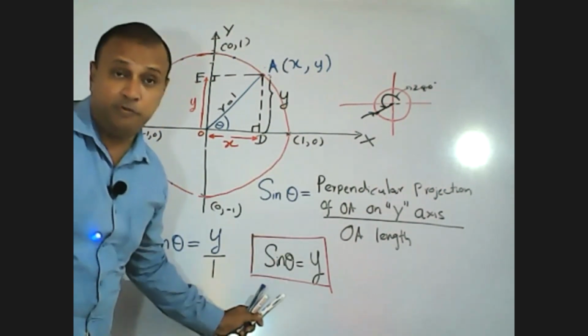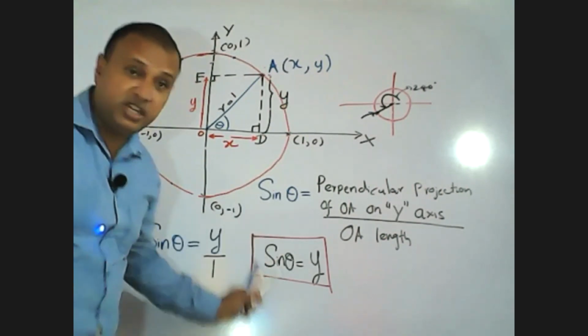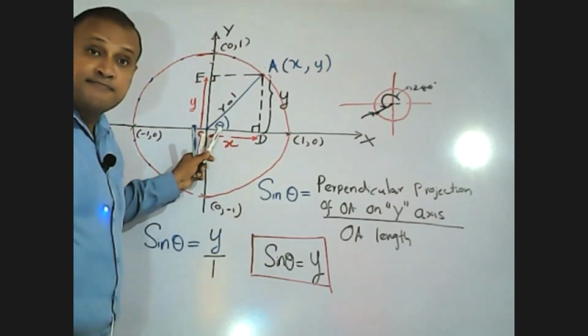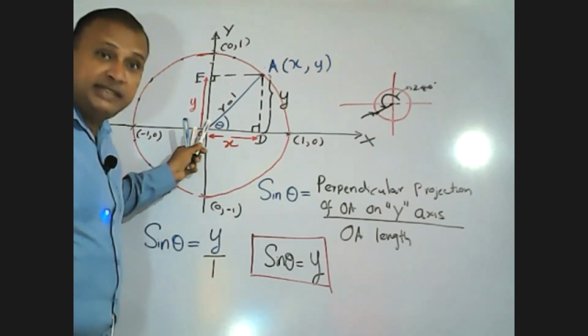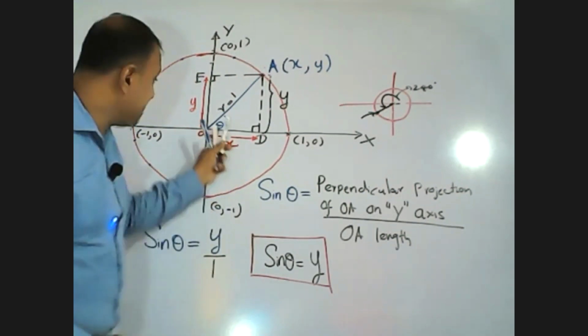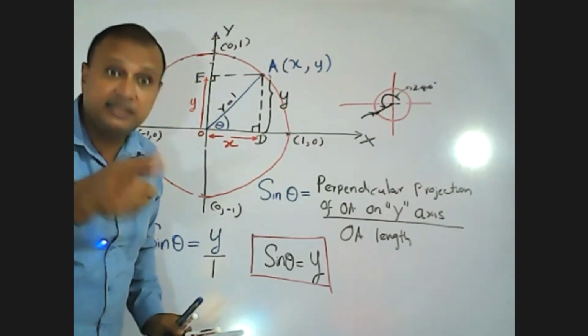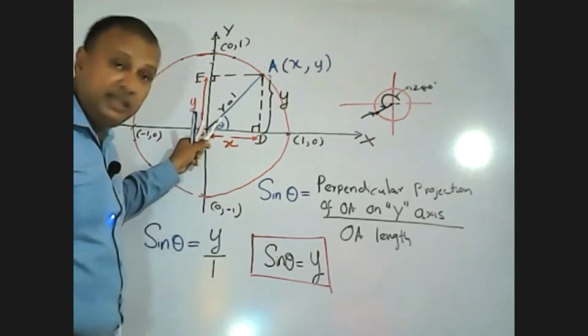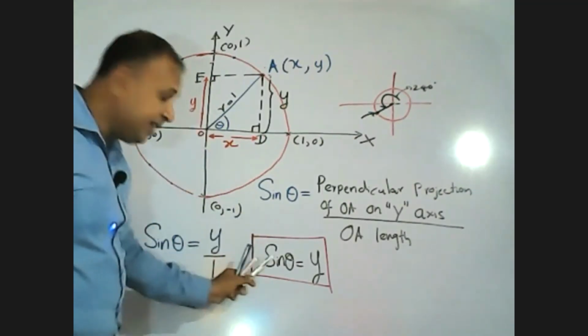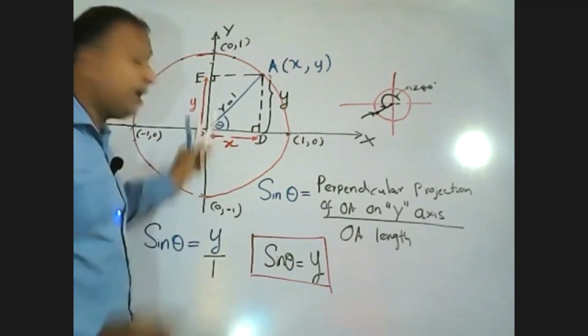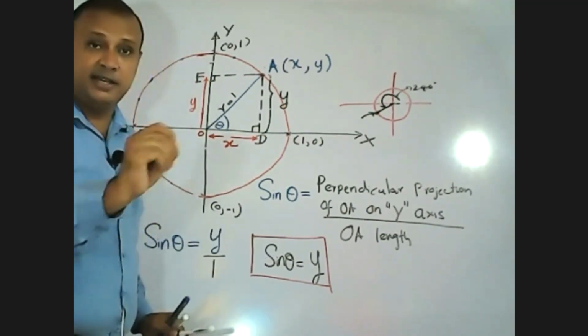According to this definition, look at this, theta is the rotated angle. Sine theta means the sine value of the rotated angle.